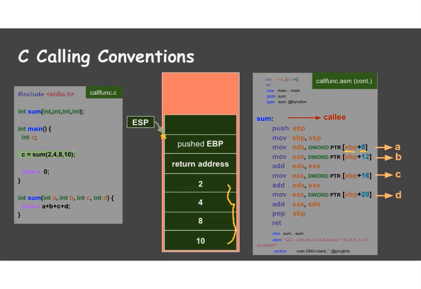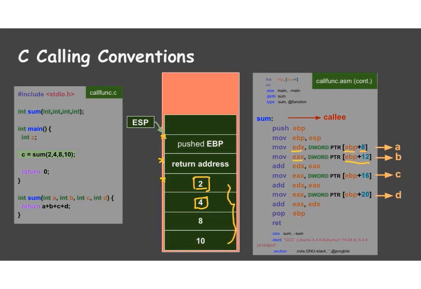If we add 4 to it, we're going to get to the return address. If we add another 4, which is going to be 8, we are going to take the next value in the stack, which in our case is the value of 2. We get the value of 2, we put it in EDX register, and then we get the next element, meaning that we get EBP plus 12, which is pointing to 4, and then we put it in EAX register.